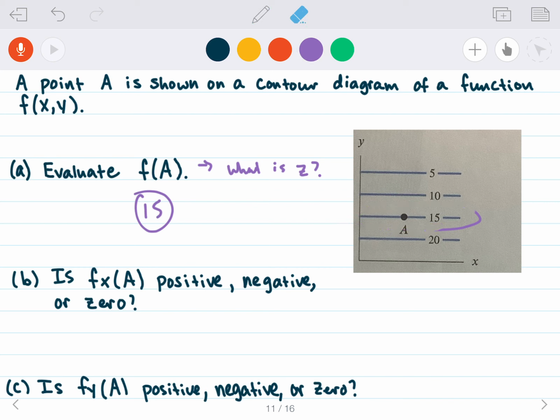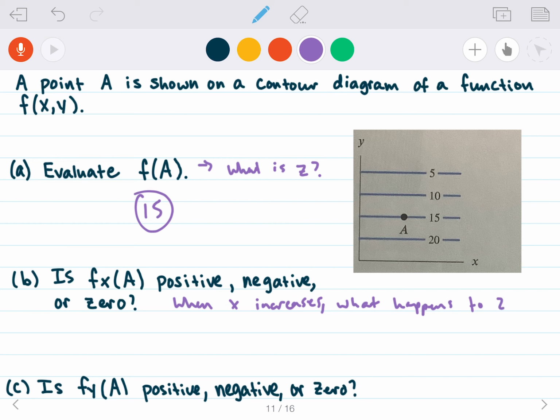The next question says, is the partial derivative with respect to x of a positive, negative, or 0? So when x increases, what happens to z? That's what we're asking ourselves.